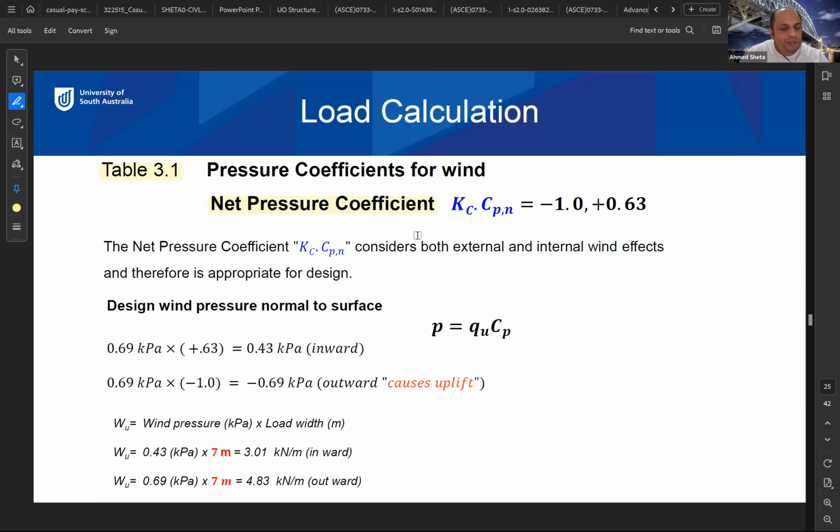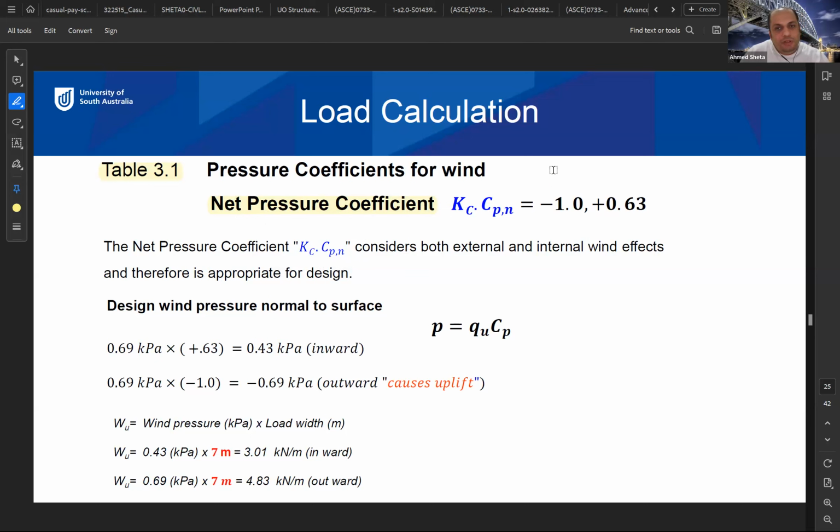The assignment also mentions to calculate only for net pressure, right? So for net pressure, the coefficients are -1 and plus 0.63. Okay, this is just for this example.